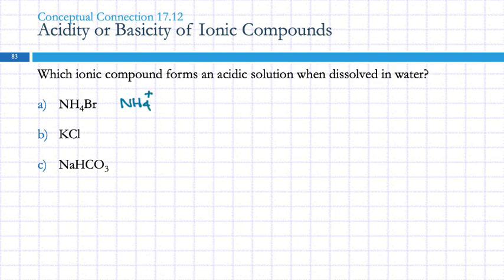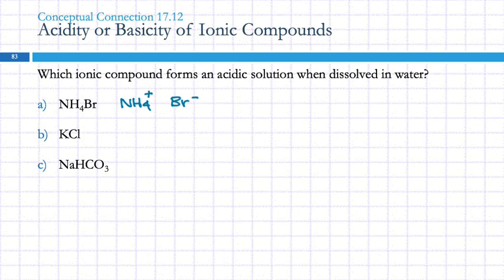You've got NH4+ and Br−. Which is the possible acid? Well, it's the first one, because I just made that connection. Alphabetical order, right? Possible acid, possible base. So we're looking at this guy.